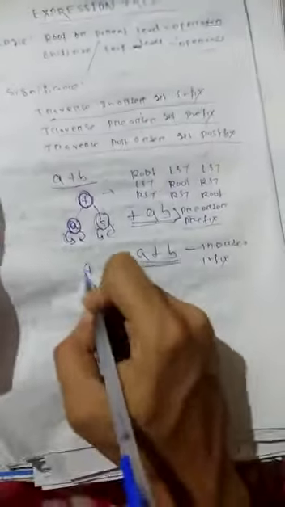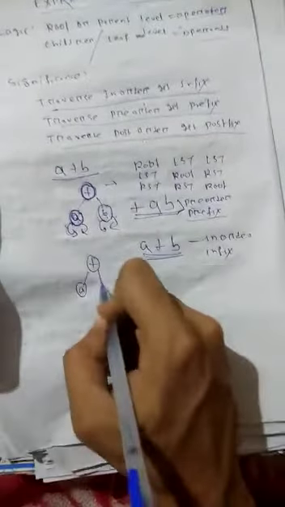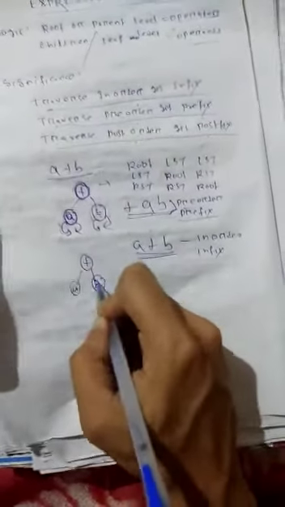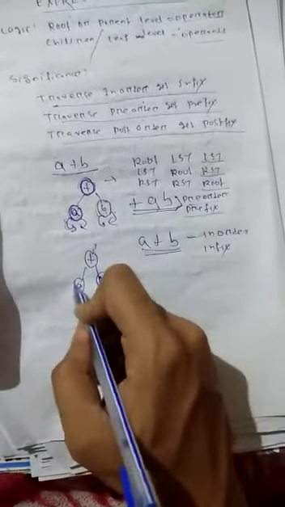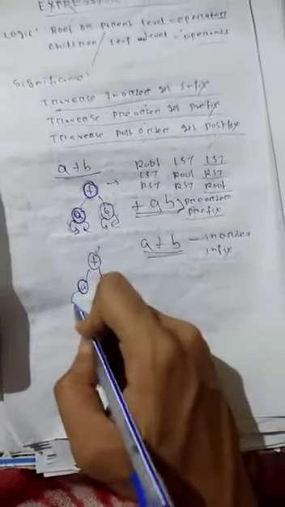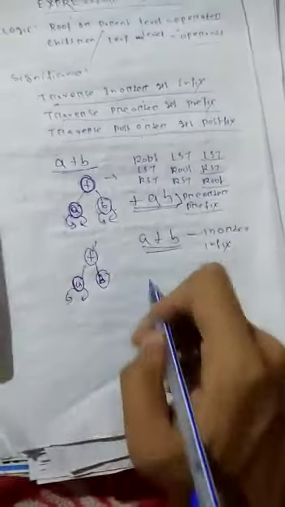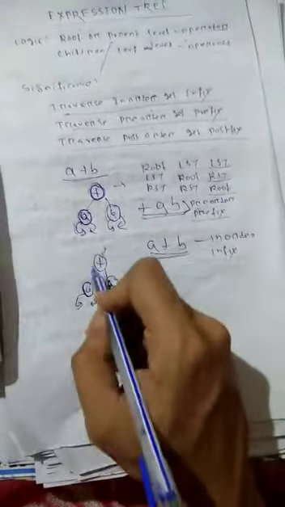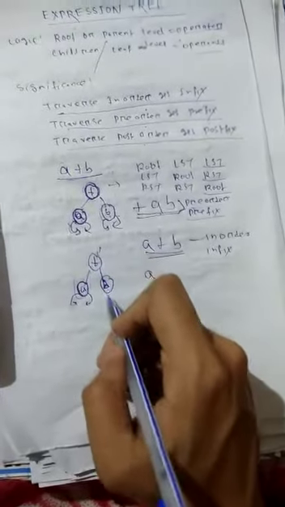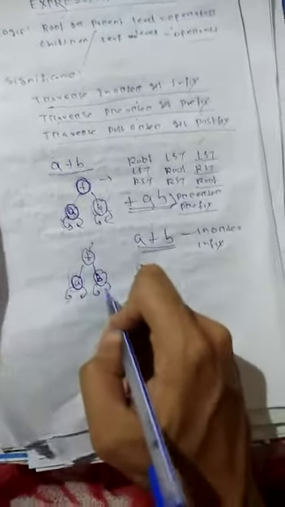Similarly for post-order traversal, suppose plus a b. What is the post-order traversal? It is first left subtree, right subtree, last print it. So plus, here the pointer, then go to here, a. Perform the left subtree: no left subtree, no right subtree, first print it, a. Then here the left subtree is completed, then go to the right subtree. For the right subtree, no left subtree, no right subtree, print it.